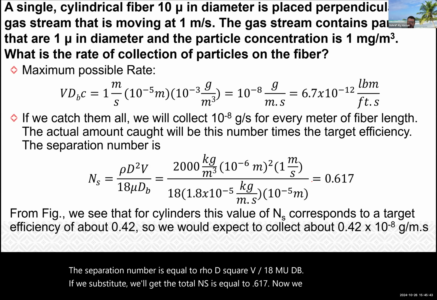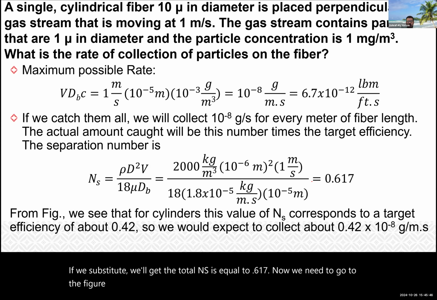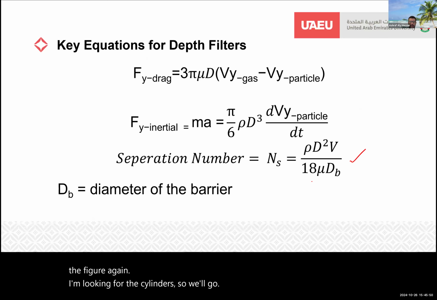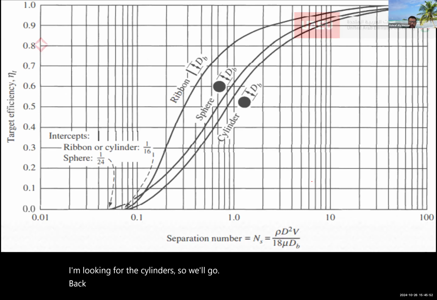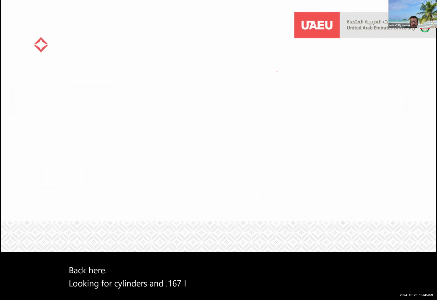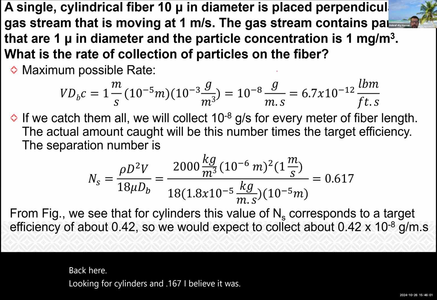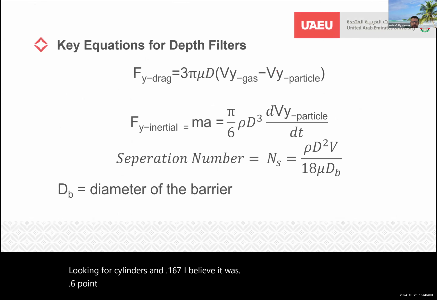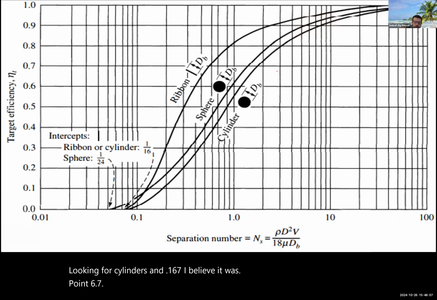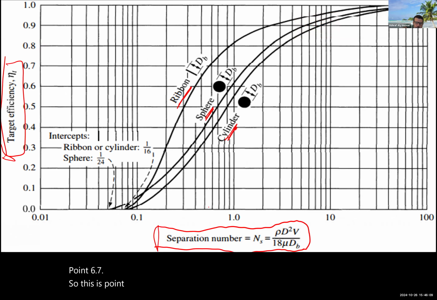Now we need to go to the figure again and look for the cylinders. So we'll go back here, looking for cylinders, and 0.617. So this is 0.1, 0.2, 0.3, 0.4, 0.5, 0.6, 0.61 somewhere here.